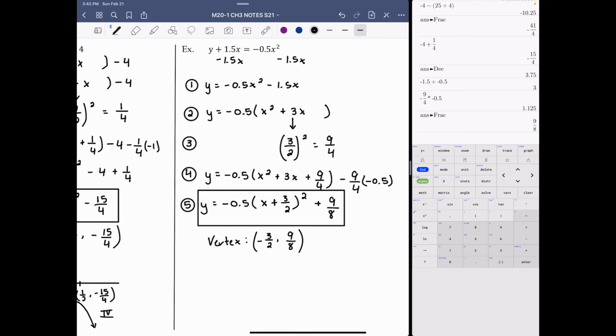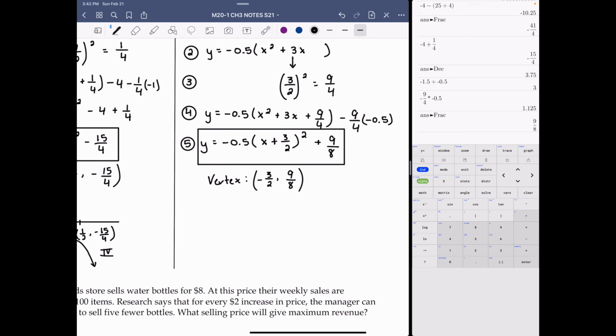We can do a quick sketch. Negative 3 over 2, that's negative 1.5, and 9 over 8, that's just above 1, so about here for the vertex. And then we have a y-intercept at y equals 0, so it looks something like this.